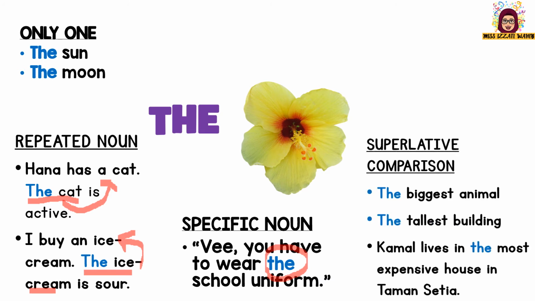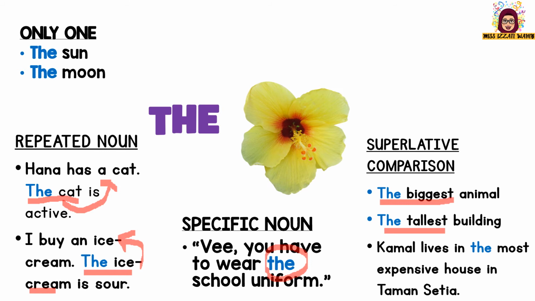Next, superlative comparison. The biggest animal. Haiwan terbesar, yang paling besar. Okay, the biggest. The tallest building. Bangunan tertinggi. Okay, sebab dia yang paling tinggi, so we have to use the.